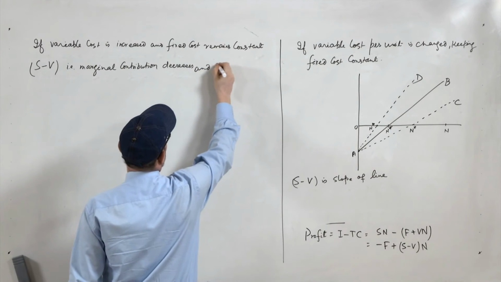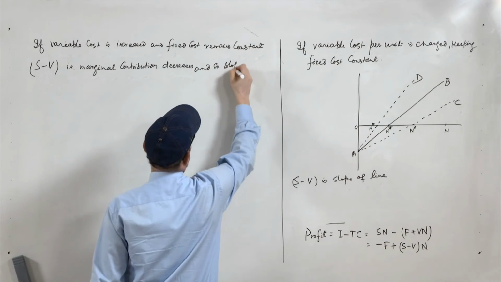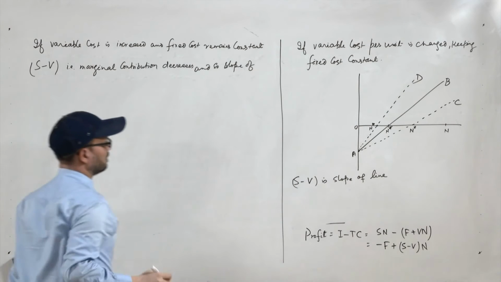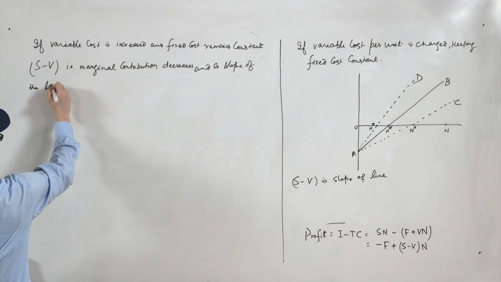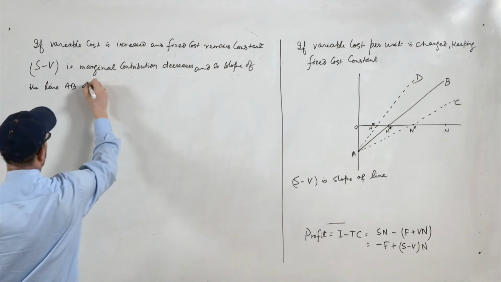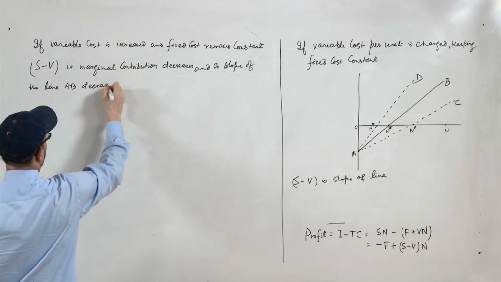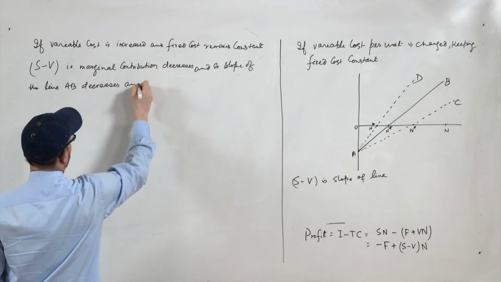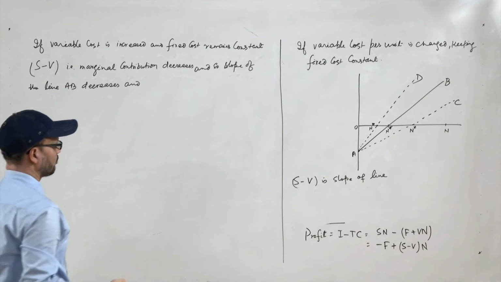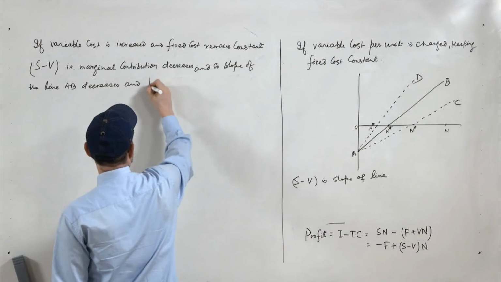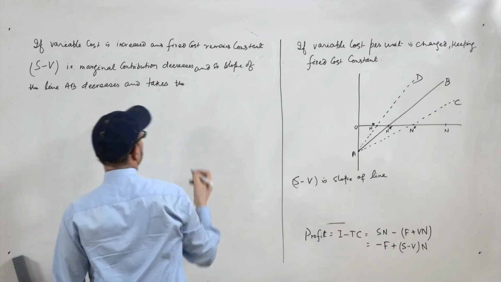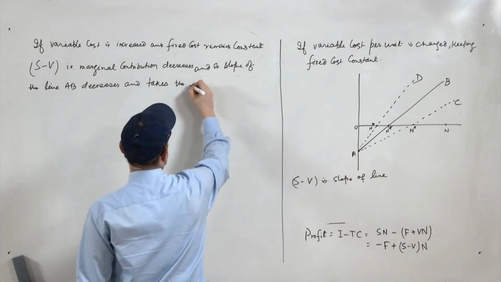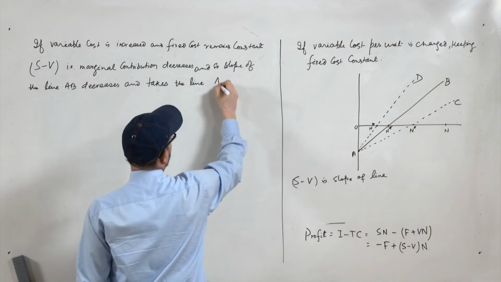And so, the slope of the line AB decreases and takes the line AC.